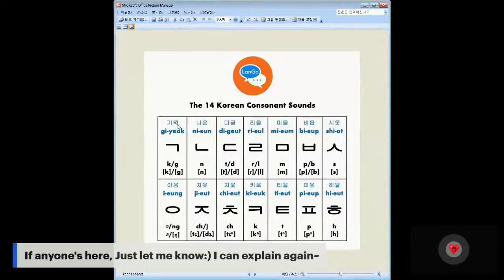And if you see the second syllable, it ends with this consonant. You can see this consonant at the bottom. In English, you just write horizontally, but in Korean, sometimes they have a bottom consonant. So the first syllable doesn't have a bottom consonant, but the second syllable has a bottom consonant.